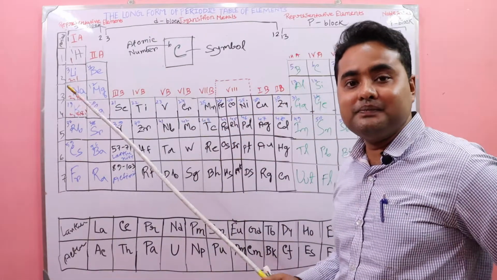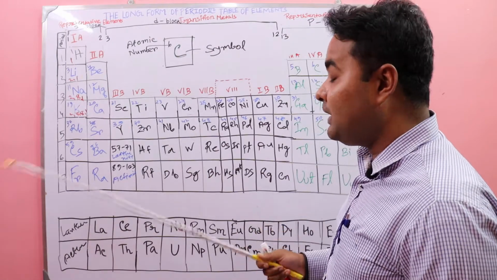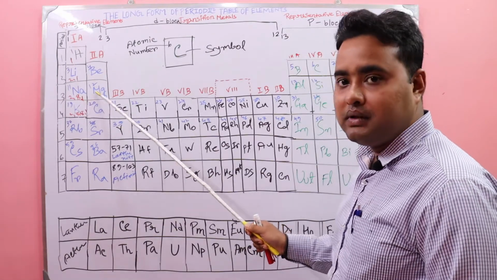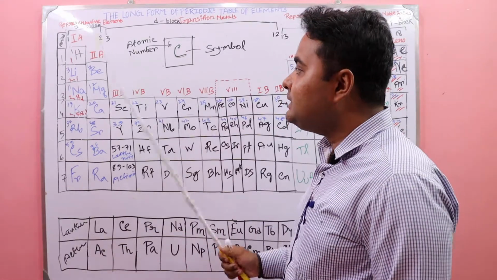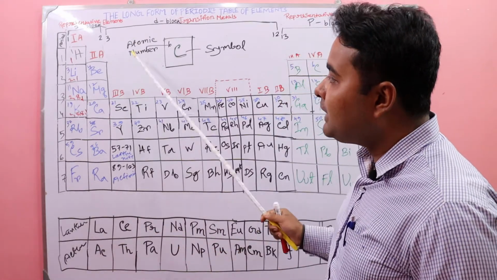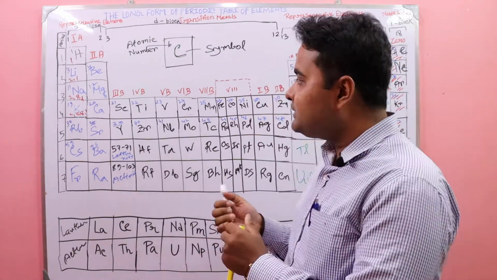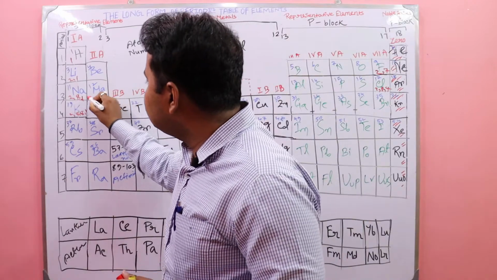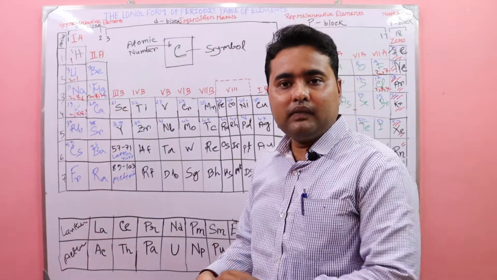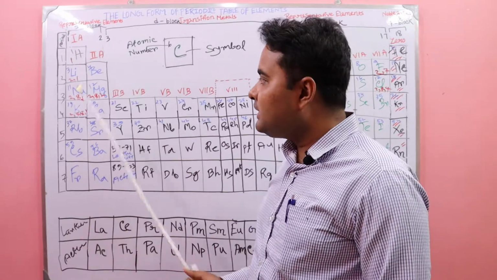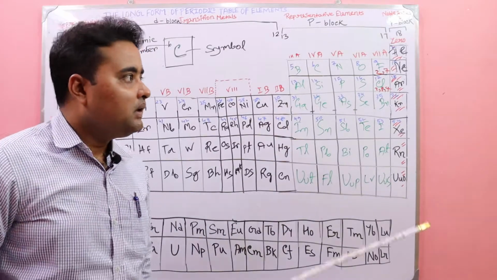This is the salient feature. You can take an element like magnesium. Is it a metal? We can track easily this way. Magnesium is 12, which is 2, 8, 2. That means it tries to give up electrons. That's why it's a metal.